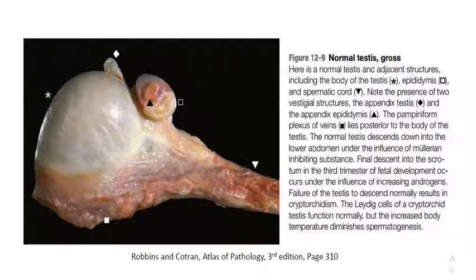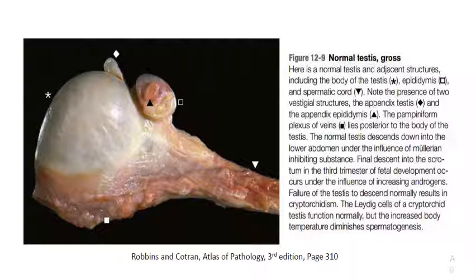So this is the gross view of the testis and spermatic cord. The white globular structure hanging through the spermatic cord under a cover of tunica vaginalis is what we call the testis. It has a vestigial structure called the appendix of testis.